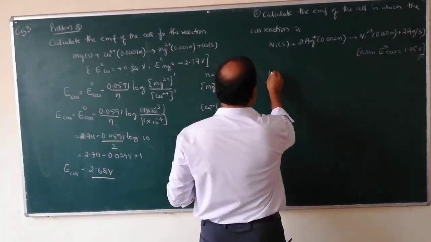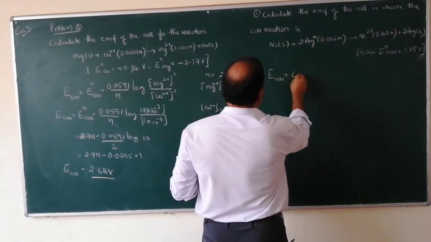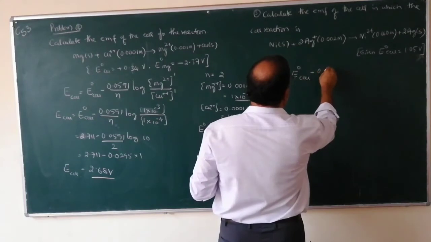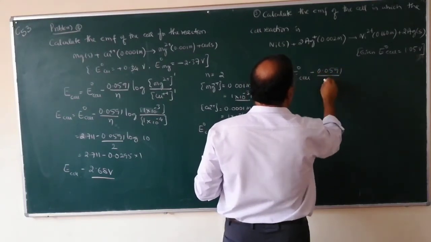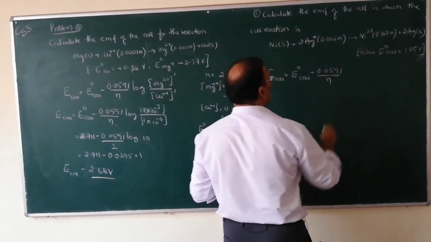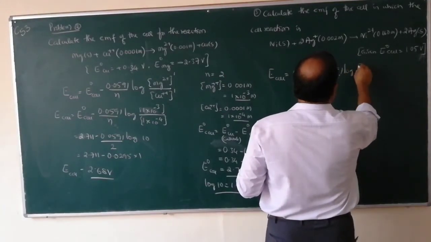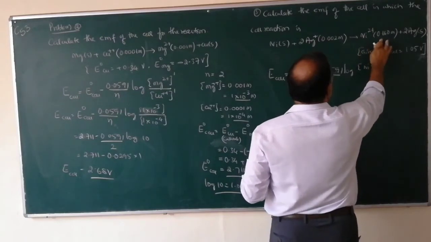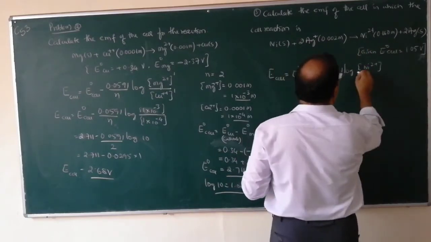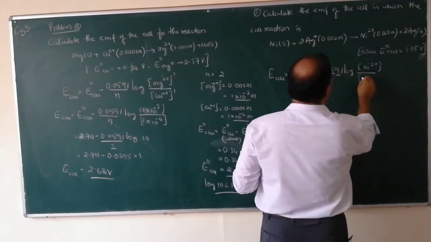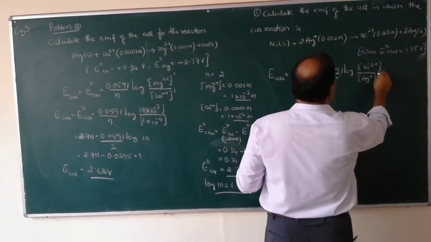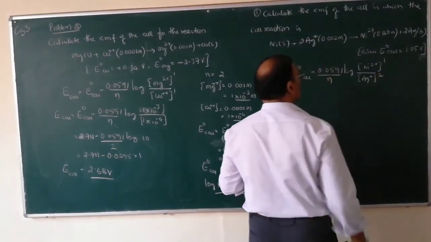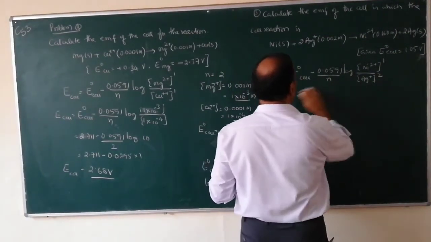So what is E cell? E cell equals E naught cell minus 0.0591 divided by N into log of concentration of Ni2+, these are the products, divided by concentration of Ag+ to the power of 2. This is Ni to the power of 1. You have to write this properly.